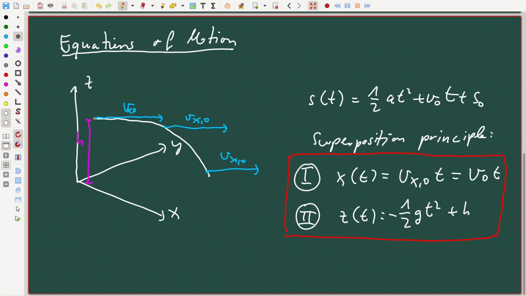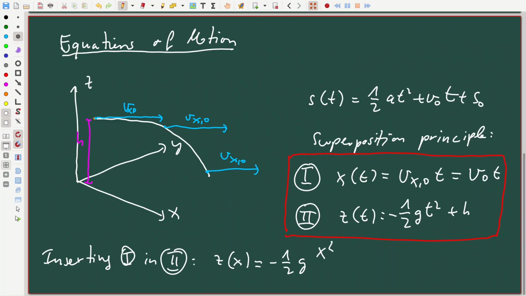So the first thing I would do is insert equation 1 in equation 2, and this gives us z of x. So now we replace the parameter t with the parameter x. This would be z of x equals minus 1/2 g times x squared divided by v0 squared plus h.